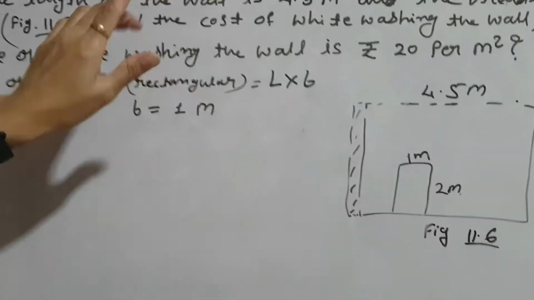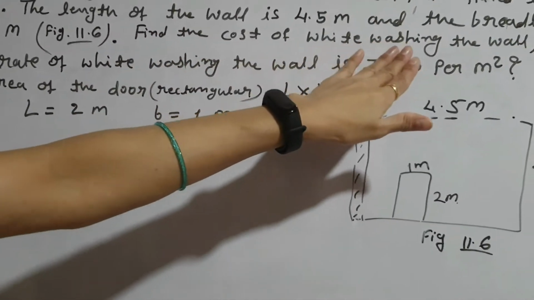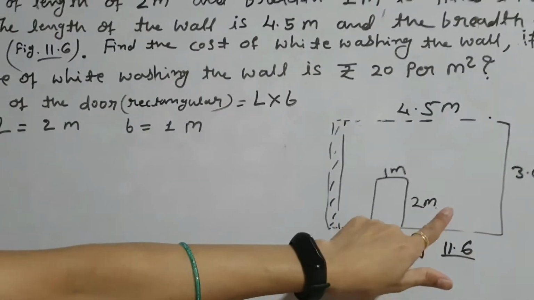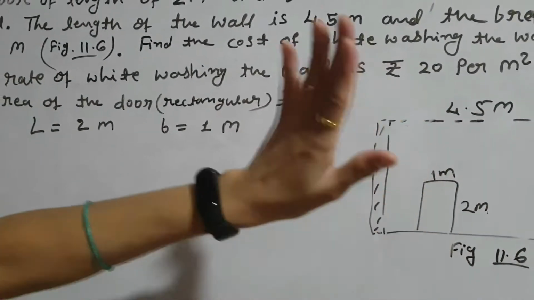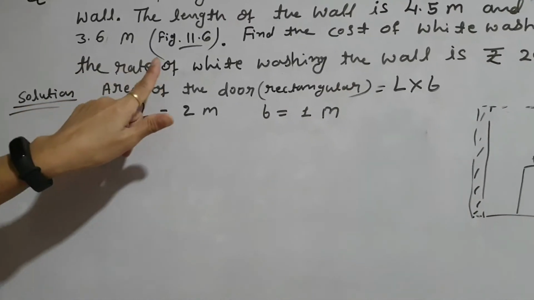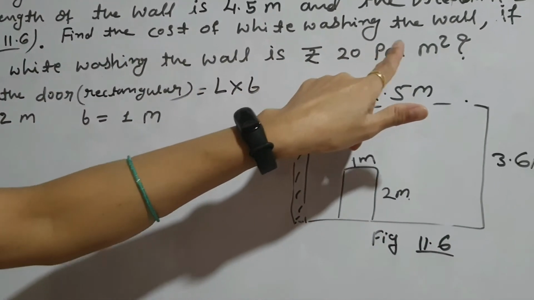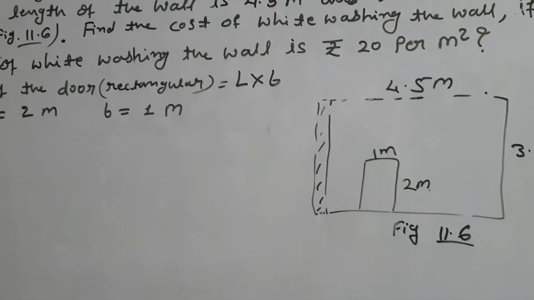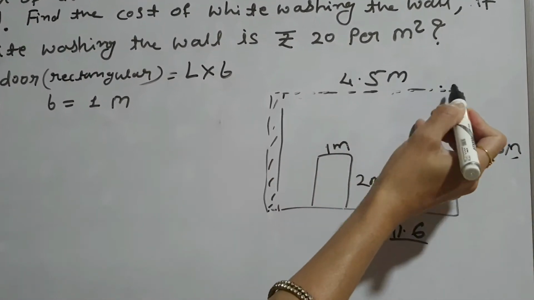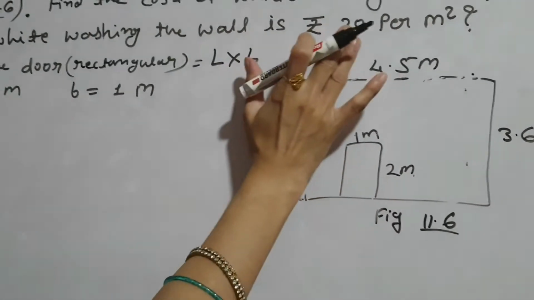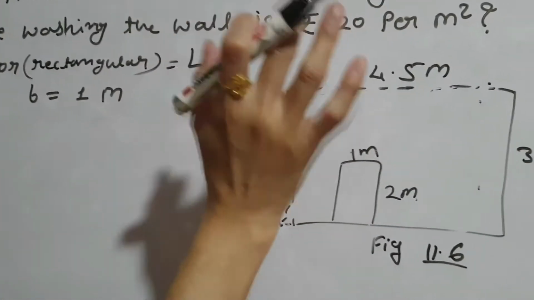So we have to find the cost of whitewashing the wall. This wall has to be whitewashed. If the rate of whitewashing the wall is ₹20 per square meter, it means this complete wall will be whitewashed and the rate per square meter is 20 rupees.